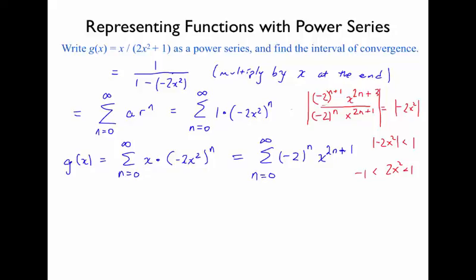So 2x squared has to be between negative 1 and 1, which means x squared is between a half and negative a half. And so x is between the square root of a half, which is the same as radical 2 over 2, and the square root of negative.